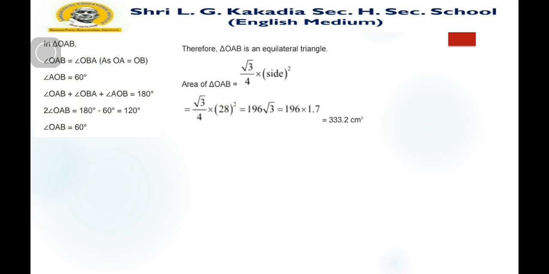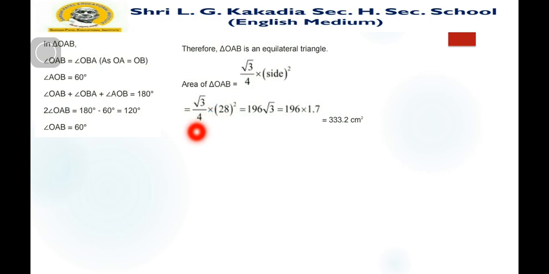Therefore, triangle OAB is an equilateral triangle. How can we find the area of an equilateral triangle? We have the formula: area of equilateral triangle OAB is equal to root 3 by 4 into side squared.